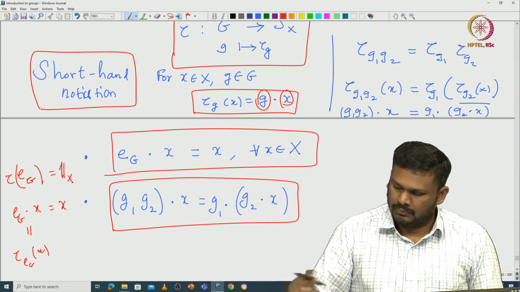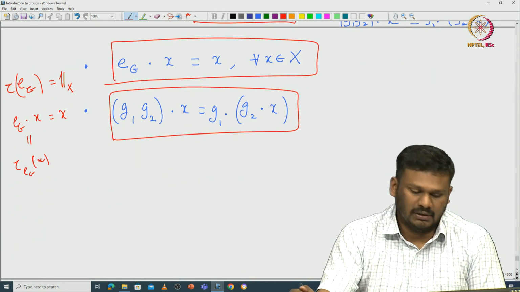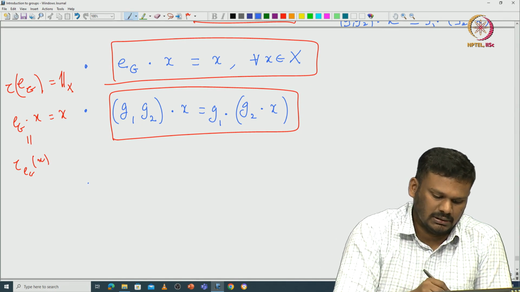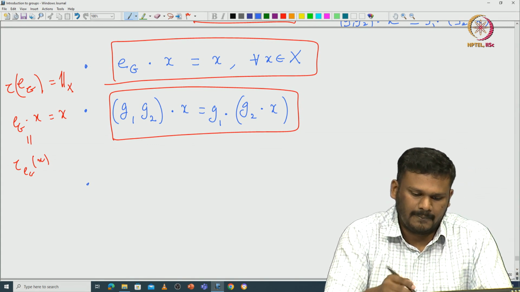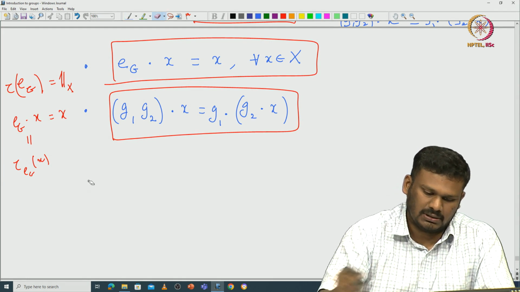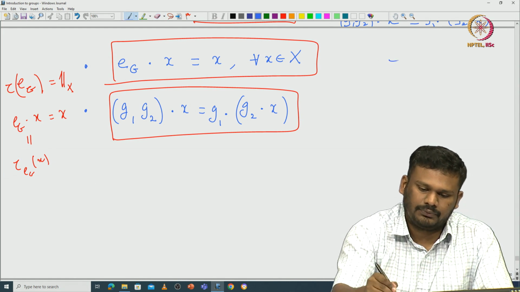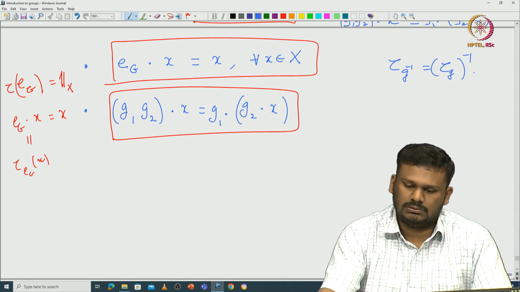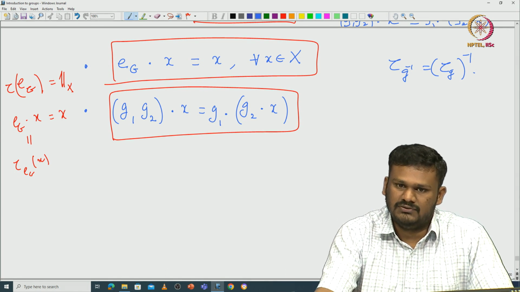Okay. So, now if you think about it, tau of g inverse will be tau g inverse. In particular, you have this g inverse acting on this x. We do not need any notation for that actually, but you should remember that tau of g inverse should be tau g of inverse. So, the action of g inverse will be given by the inverse of tau g only.